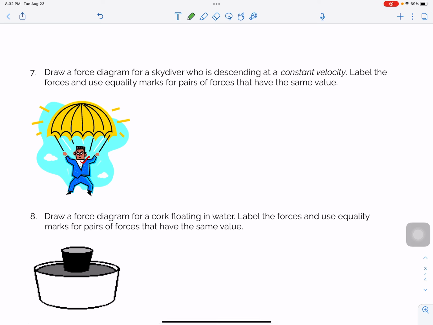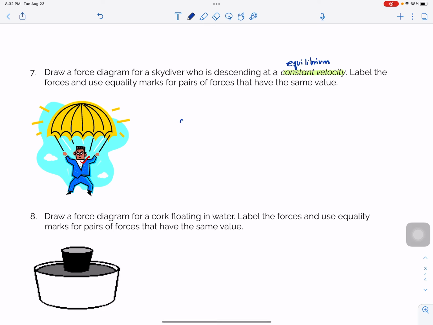Okay, next one. Draw a force diagram for a skydiver who is descending at constant velocity. So we know that this is going to be equilibrium. And as before with the skater, we're going to assume that the parachute is part of the person. So anything that the person is physically attached to is the system.